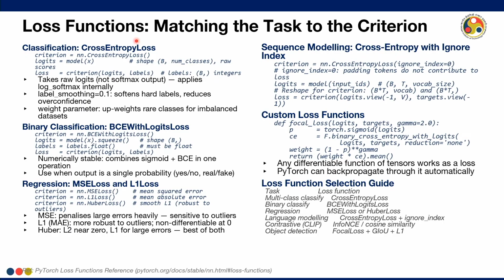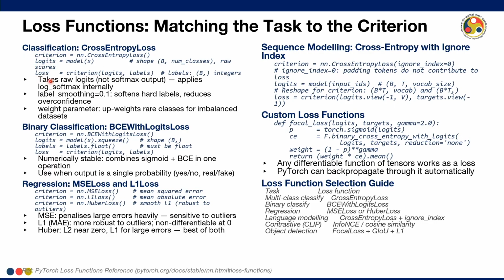As I have mentioned, loss functions are widely used in the end. For classification we usually use cross entropy loss. Cross entropy loss takes the raw logits and applies log softmax internally, and it does the smoothing if we use smoothing.